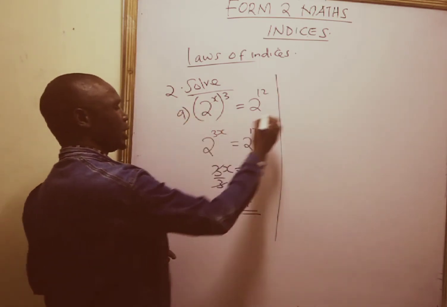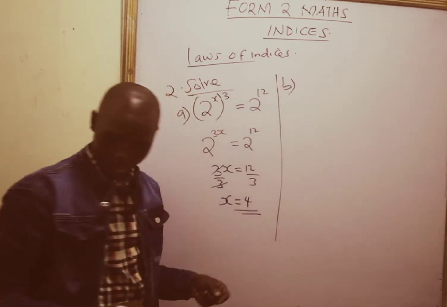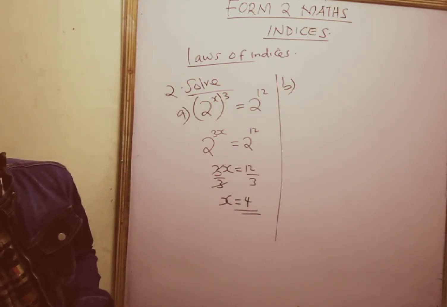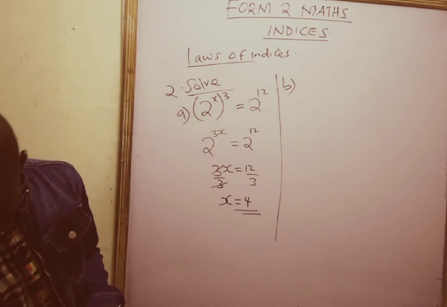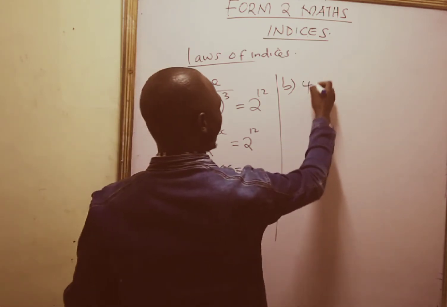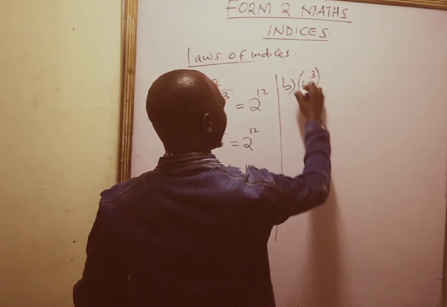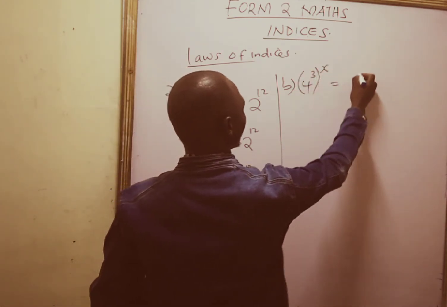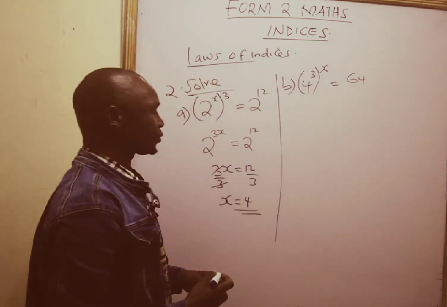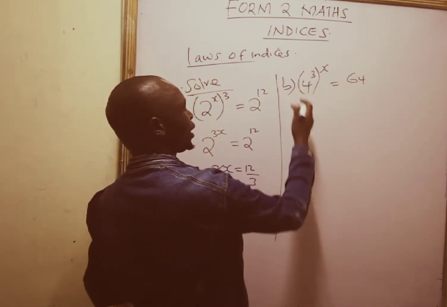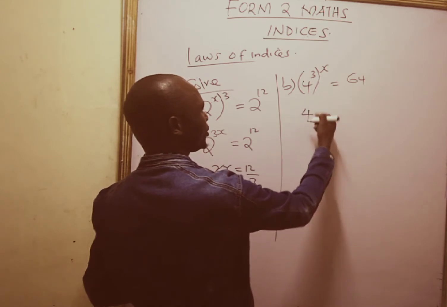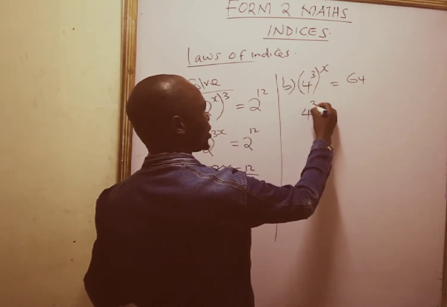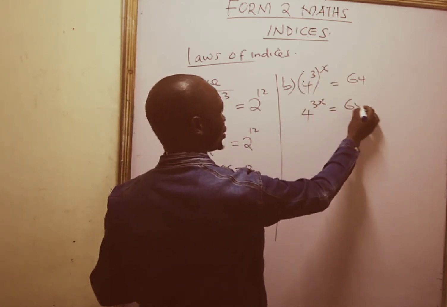This is part A. Let us look at part B. Part B of the same question, we have 4 power 3 multiplied by x being equal to 64. So we can open up the bracket by having 4 power 3 times x, you get 3x being equal to 64.